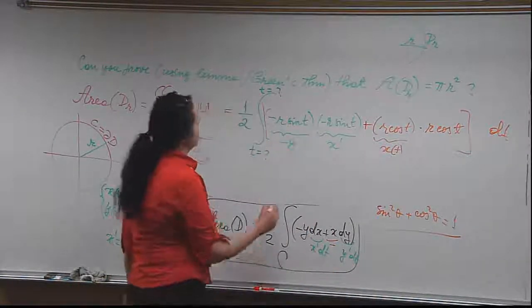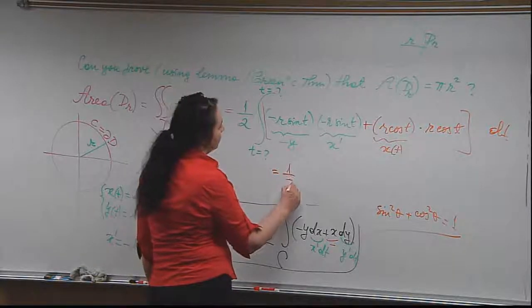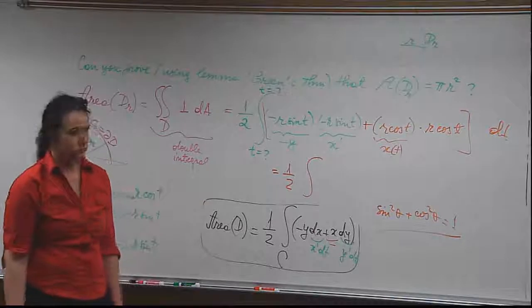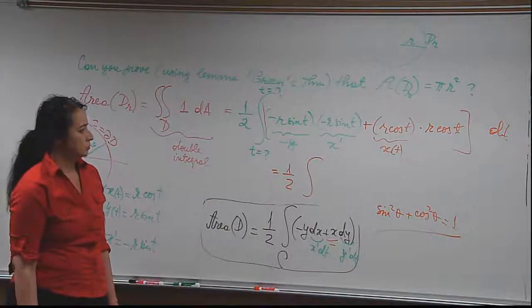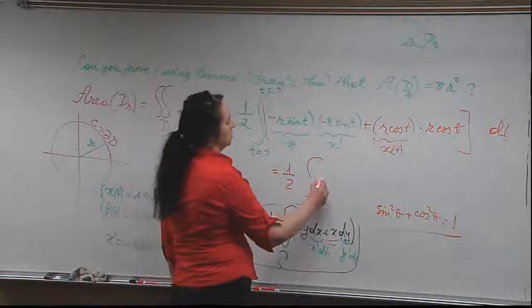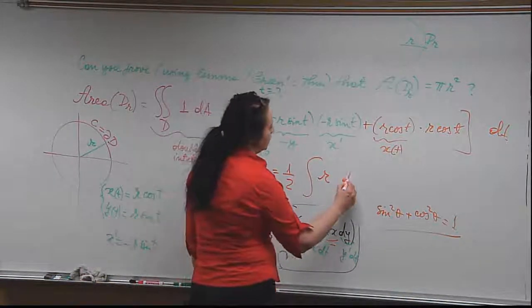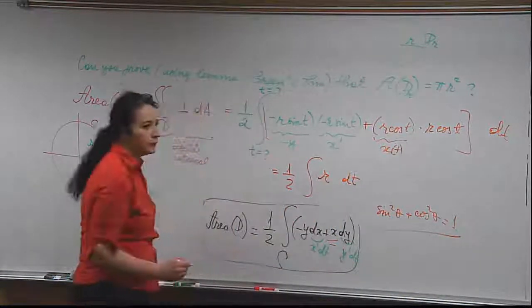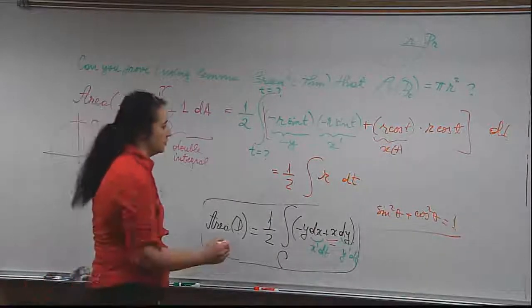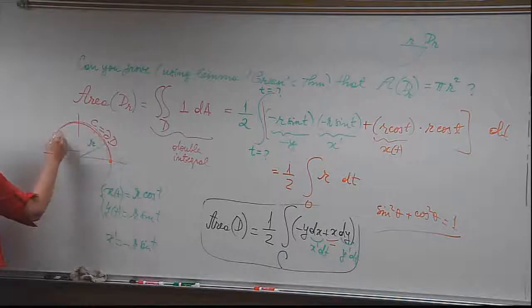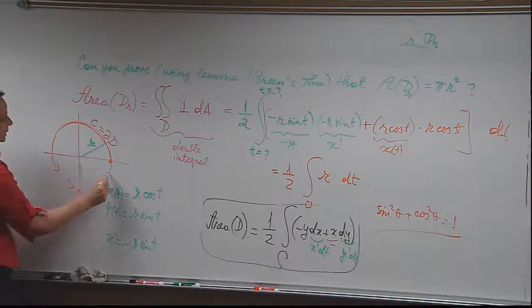So you have 1/2 integral r, no, I'm lazy, I'm going slow, r dt, t from what to what? From 0, I'm starting wherever I want, actually. And I go counterclockwise until 2 pi.